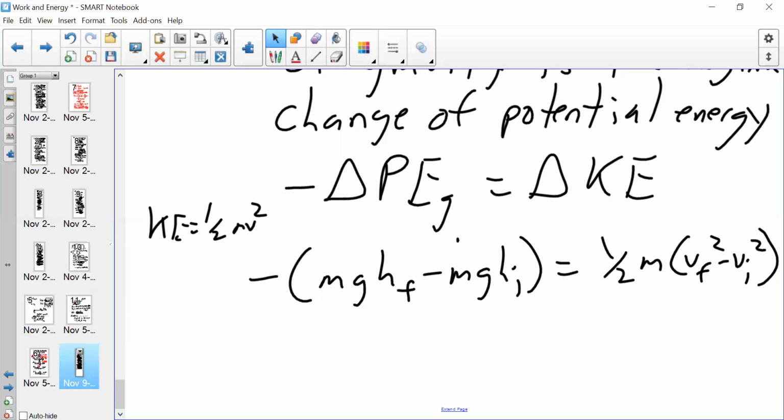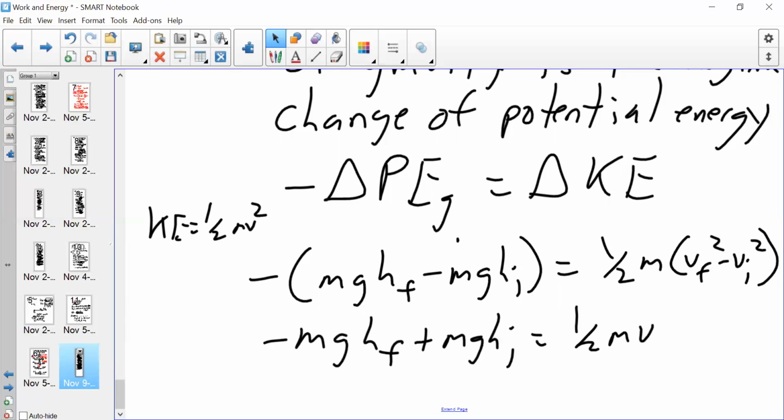You probably see where this is going. I'm going to put the like terms with each other. So this becomes negative mgh final plus mgh initial equals 1/2 m v final squared minus 1/2 m v initial squared.